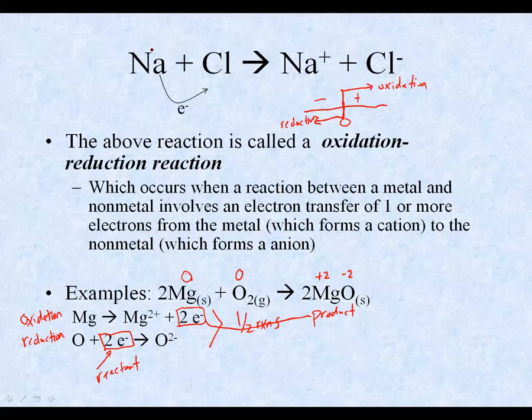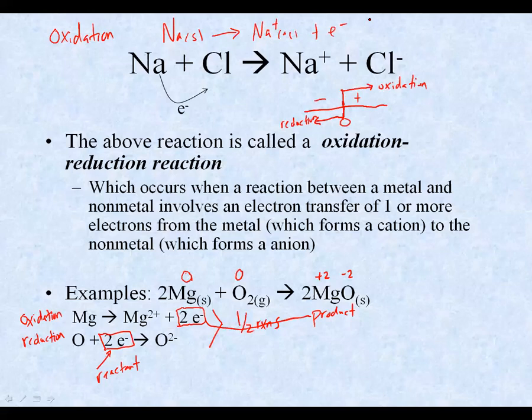We could also do that for this guy up here. So this is the one we were just talking about. If we were to write the oxidation half-reaction for the guy up here, we would start with our sodium, that's solid. Since it's oxidation, it will go to sodium with a +1 charge. And we would lose that electron.